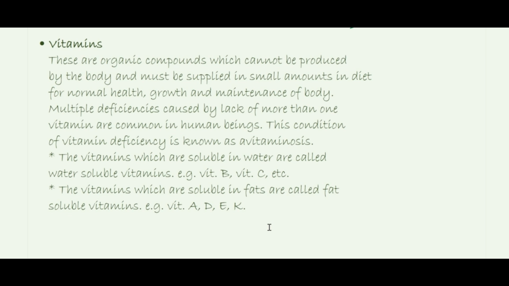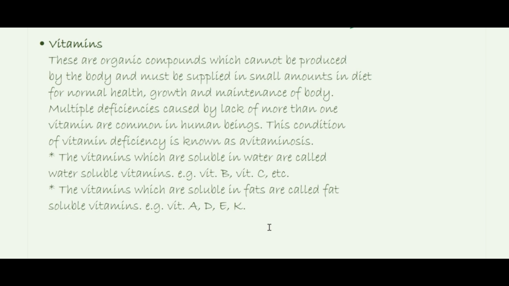In case of vitamins, most of the questions asked are what are the water soluble vitamins, what are the fat soluble vitamins. These type of questions you should take care of. First of all, what are vitamins? Vitamins are organic compounds which can't be produced by the body.